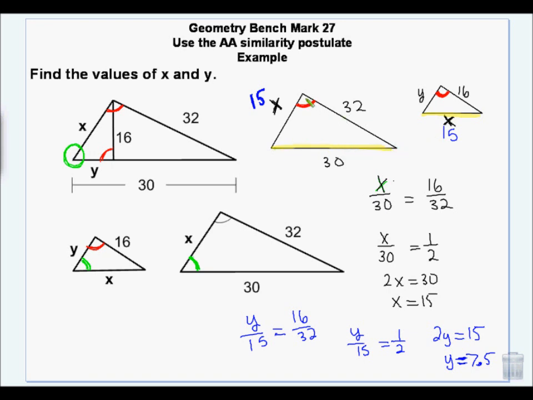Right? This side goes with this side. And this side goes with this side. So then that x and that 30 are together. Oh, I see. And then the 16 and the 32 are together. Yeah, I just got confused. I wasn't paying attention. Happens.